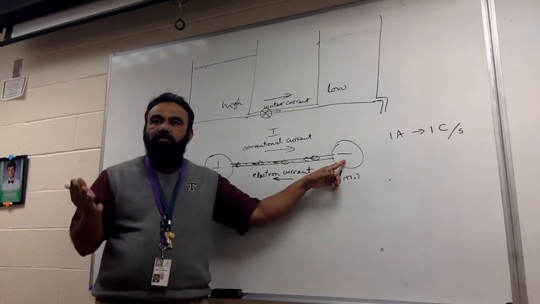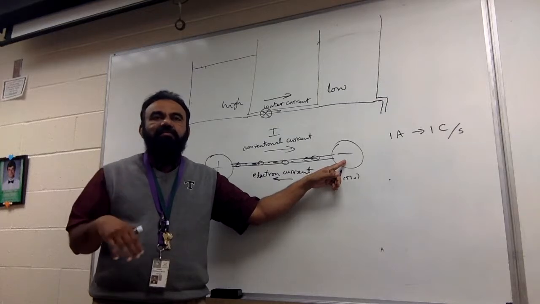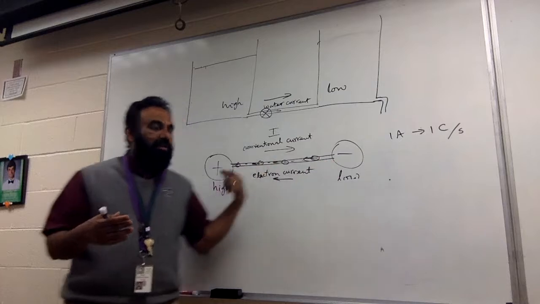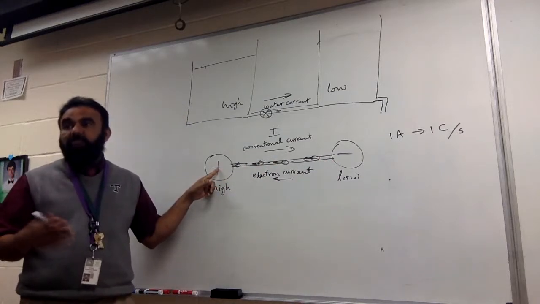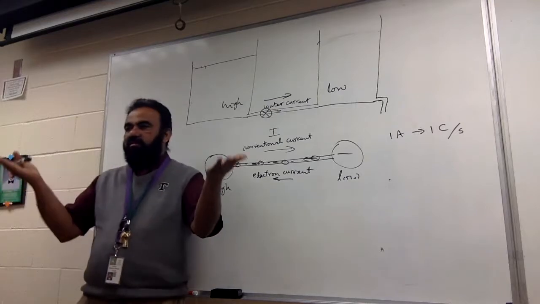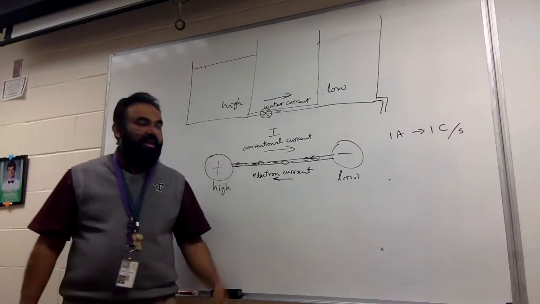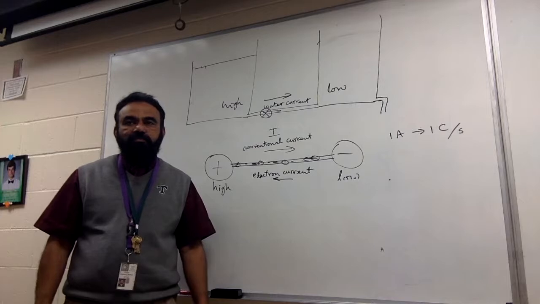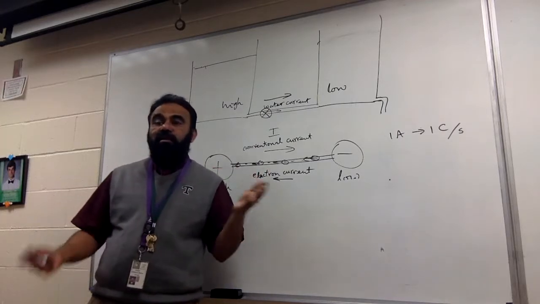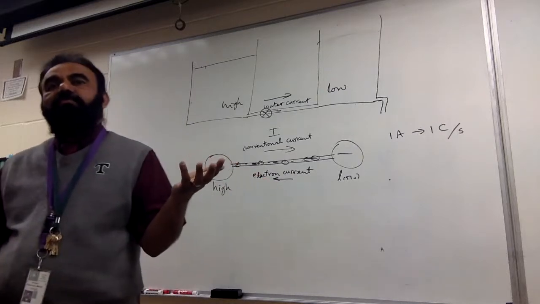And this becomes less negative, because electrons are drawn from there and electrons are arriving here. So eventually they will turn out to be the same potentials. And what will happen to the current then? It stops. The current will completely come to a halt when the potentials are exactly the same.